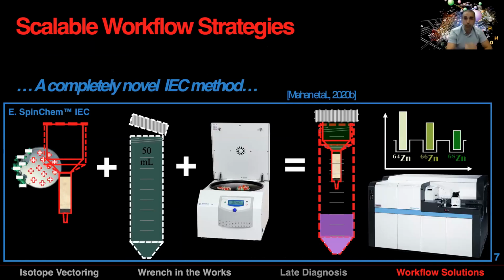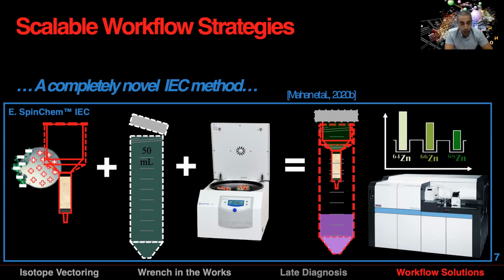Something that I've spent a fair bit of time on is trying to figure out really quick, cheap, and easy ways that we can increase our efficiency in the lab. That amounted to the development of a completely novel technique where we're taking the most generic form of this, which is your basic ion exchange chromatography in gravity. So it's just dripping.